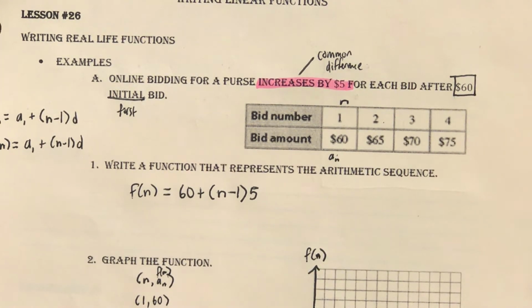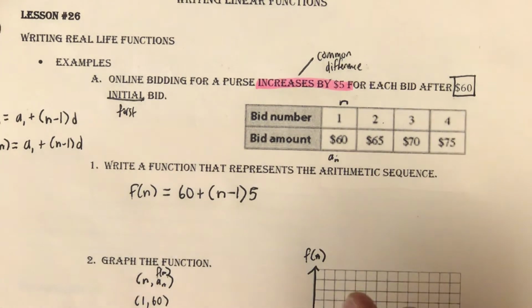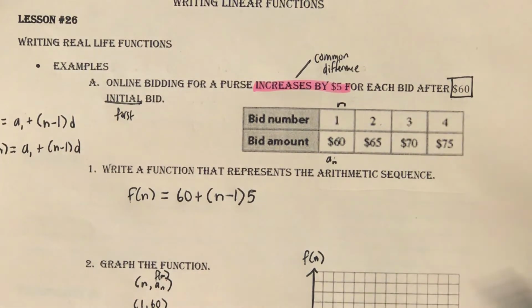I know my n's are increasing by 1, so I'm going to start at 0 here and count by 1s: 1, 2, 3, 4, 5, 6, 7, 8, 9, 10, 11, 12, 13. Now my numbers are a little bit higher here: I've got 60, 65, 70, 75.